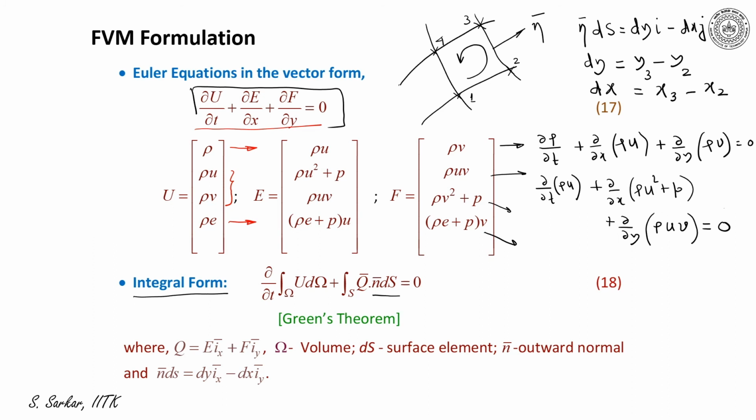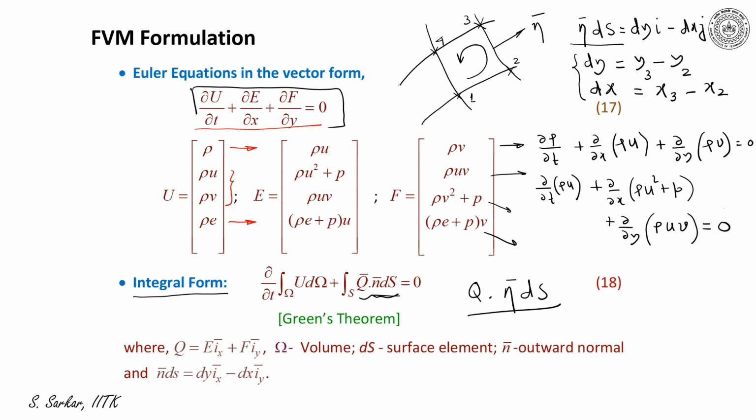So now you know dy and dx, and putting the values of dy and dx, you will get η dS. So what I would like to say is that if one develops the grid and knows all the coordinate points, then one can easily assess η dS for every cell, and thereby can do the operations Q dot η dS.